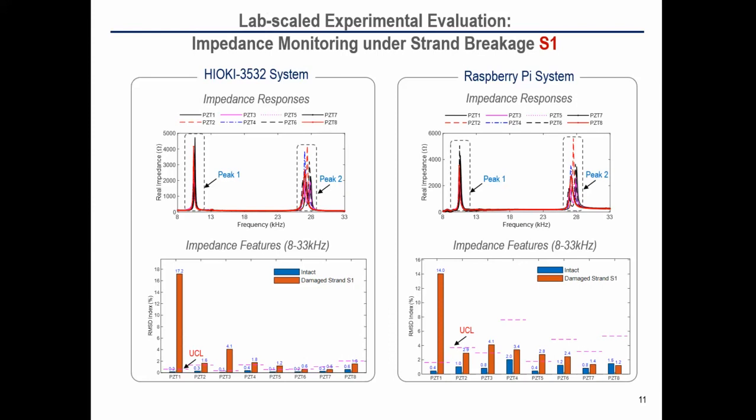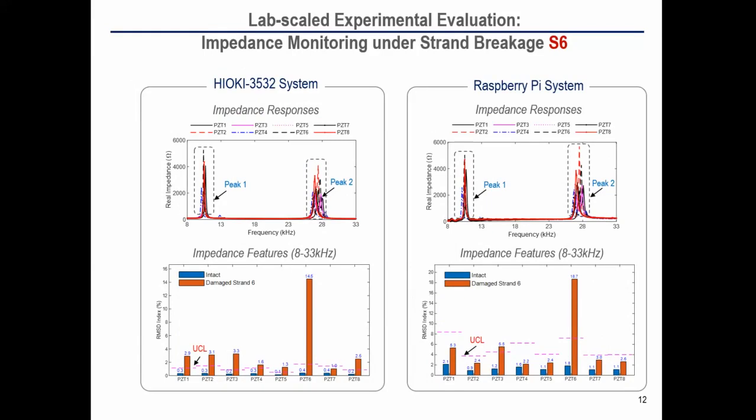Below, the impedance features of the PZT sensors are illustrated with a bar chart. The RMSD index was over the UCL and the highest is PZT1, indicating that damage occurred at strand 1, and the system can detect the damage.